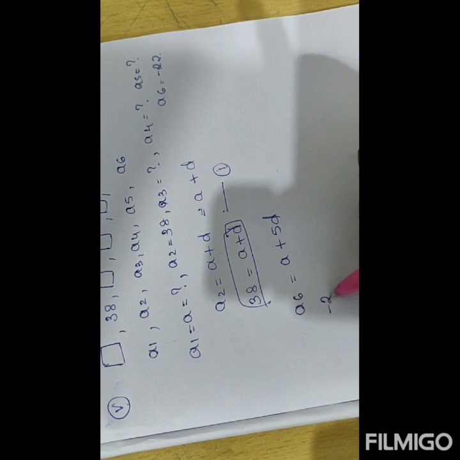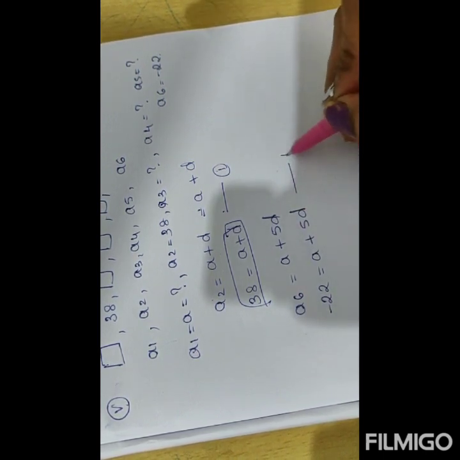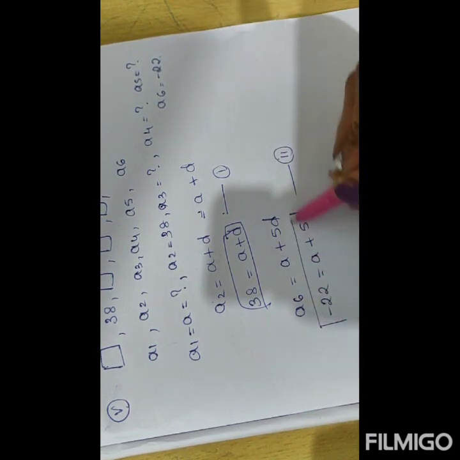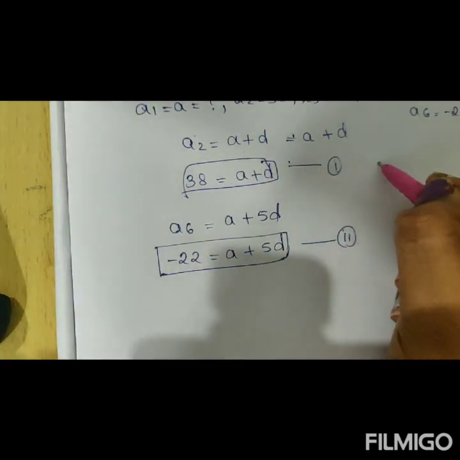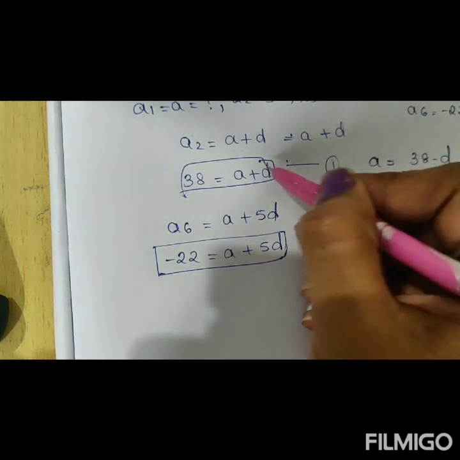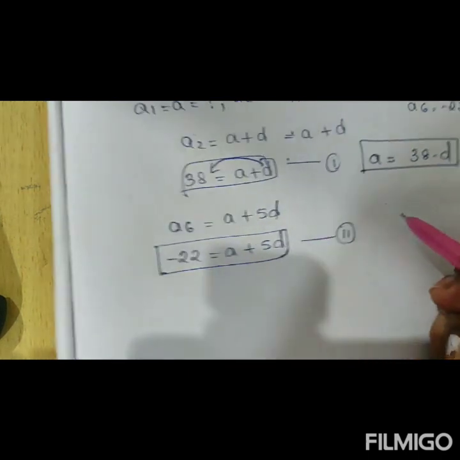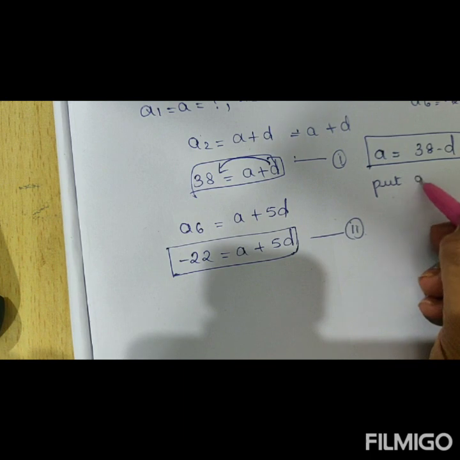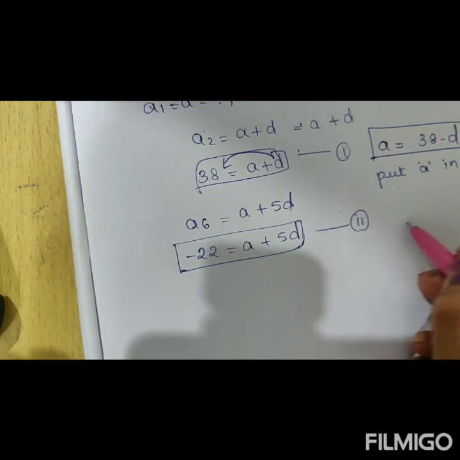So the value of a6 is minus 22, equal to a plus 5d, let it be equation 2. So from equation 1 we can get the value of a, that is a is equal to 38 minus d, as d will come this side. So substituting this value in equation 2, let's see what we are going to get.